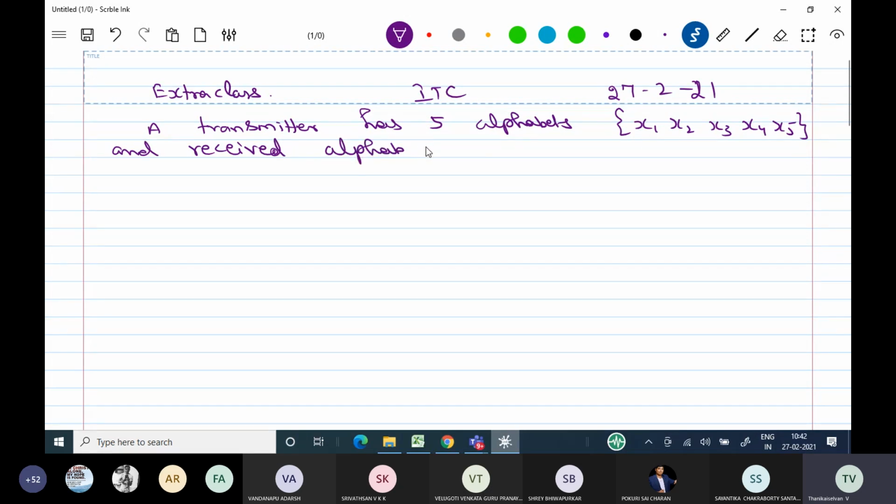Clearly understand this problem. There are 4 alphabets only at the receiver side. Find all the entropies. This is the problem.